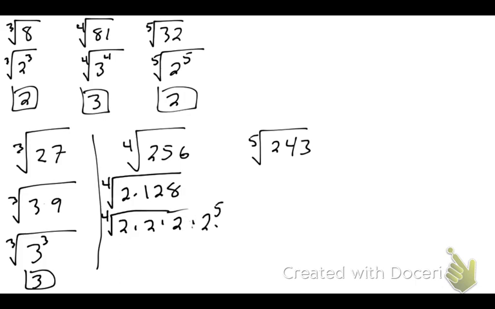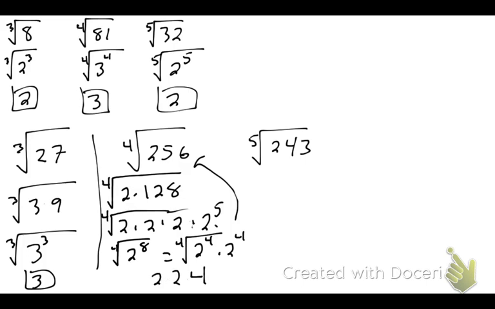Right, so I'm just breaking numbers down, which means that our original number, 256, is 2 to the 8th. Or it's the same thing as 2 to the 4th times 2 to the 4th. And the 4th root of each of those is just 2. And 2 times 2 is just 4.